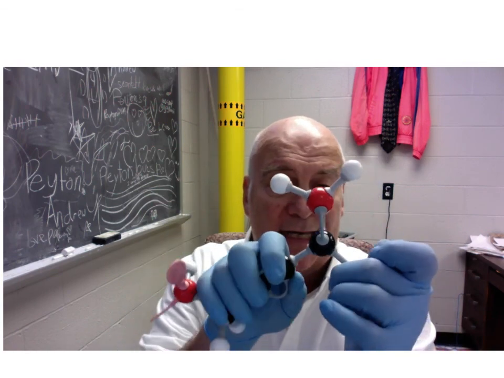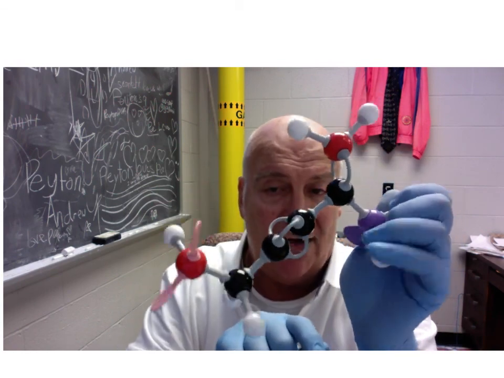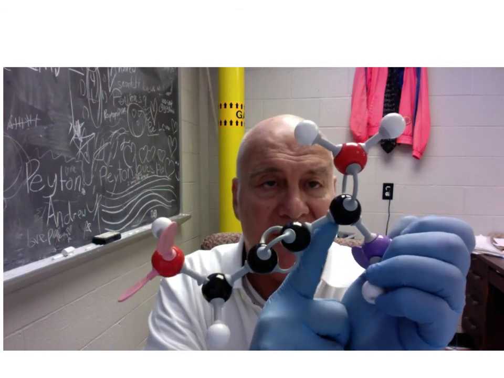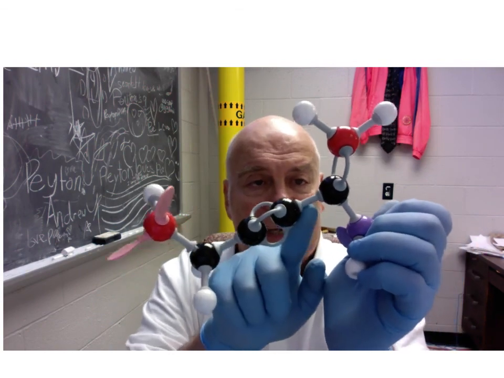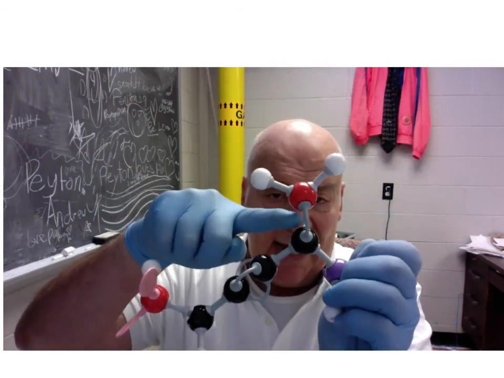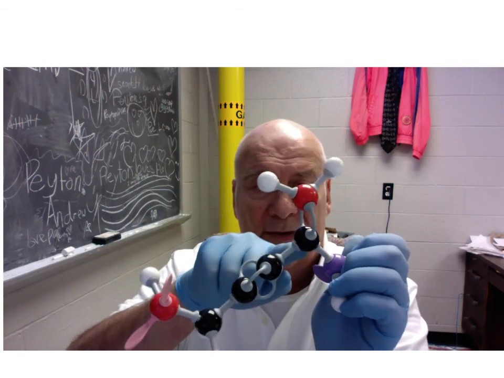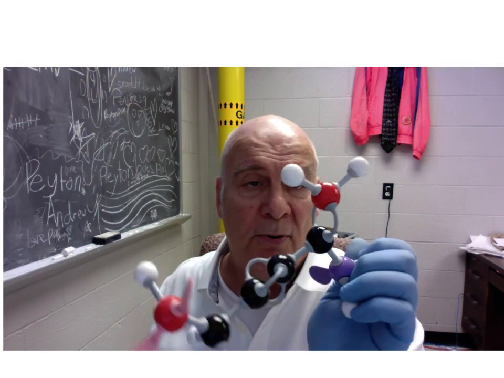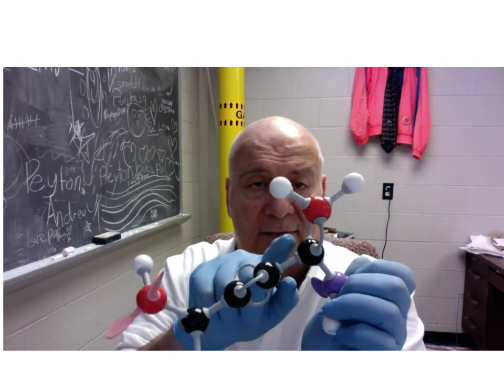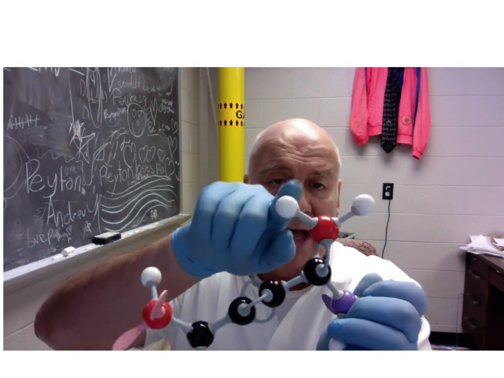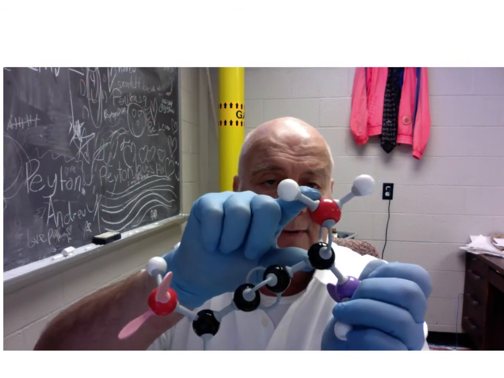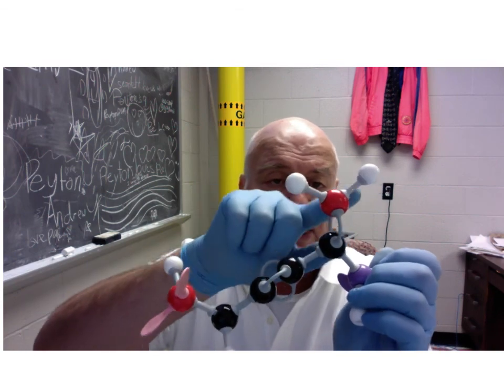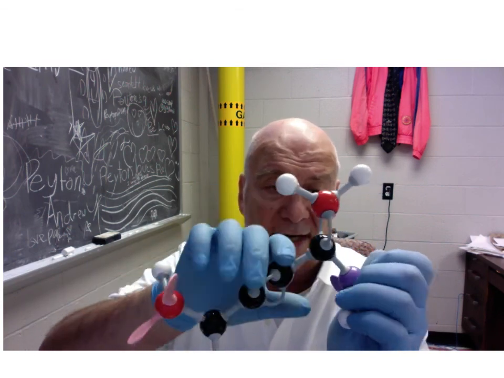Then we turn to this section where I see a carbon here that has 3 things attached, a single bond, and a double bond around this carbon. So that would be a trigonal planar arrangement around this particular carbon. Here's another trigonal planar arrangement around this connection. Here you see a double bond, 2 single bonds.